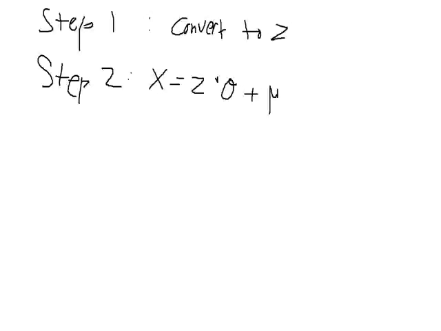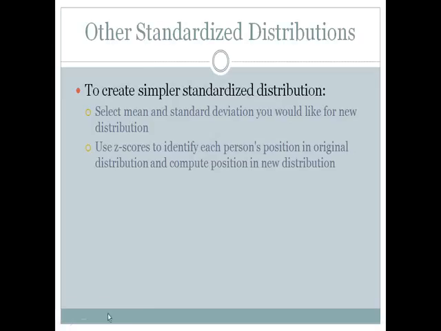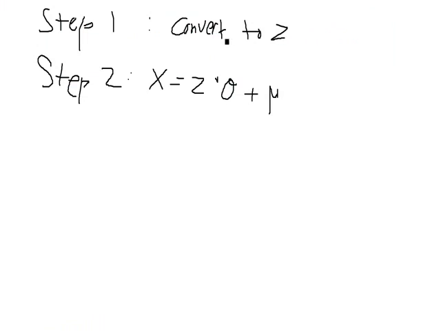So we will use the new mean and standard deviation that we have selected with the z-scores we calculated in order to calculate new x scores, new raw scores.